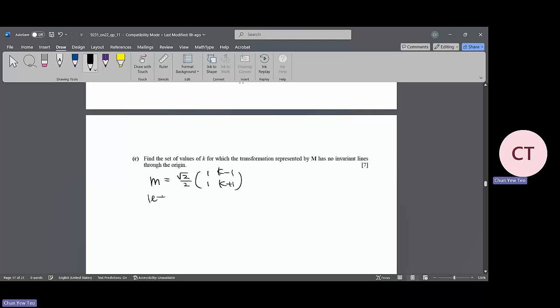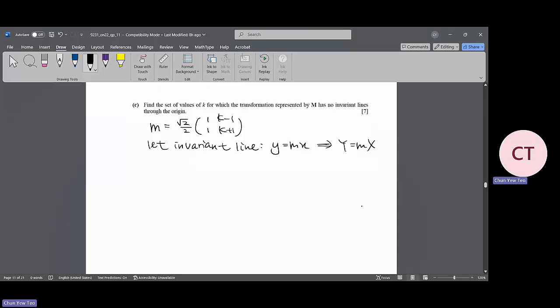So we let our invariant line be y equal to mx, then the image will be y equal to mx. So we take the M, multiply by the invariant line, which is x and mx, then you will get x and mx.